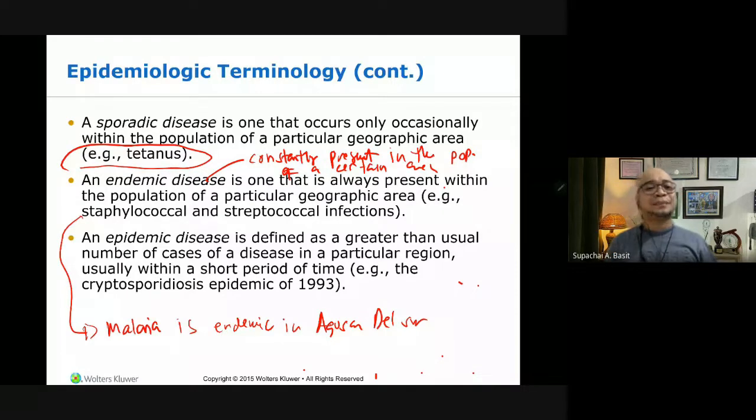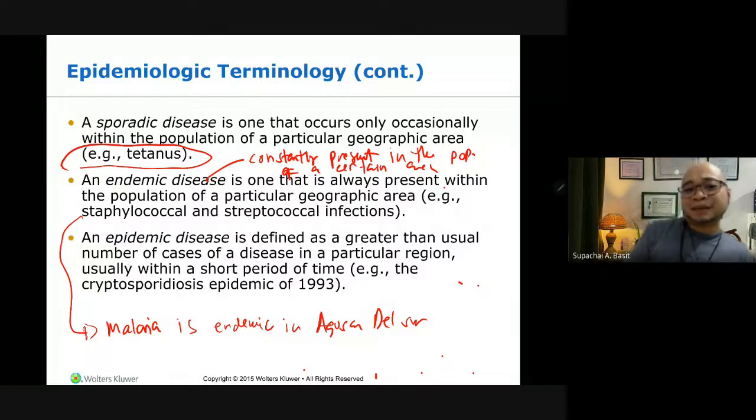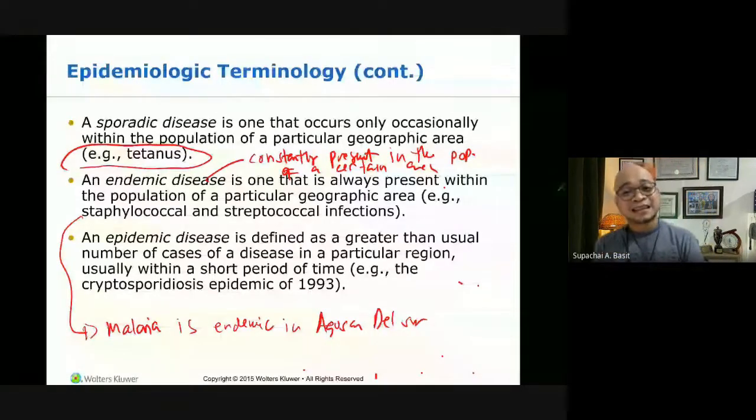Now, how about epidemic? When you say epidemic, it is a disease defined as a greater than usual number of cases in a particular region, usually within a short period of time. For example, there was a cryptosporidiosis epidemic during 1993.